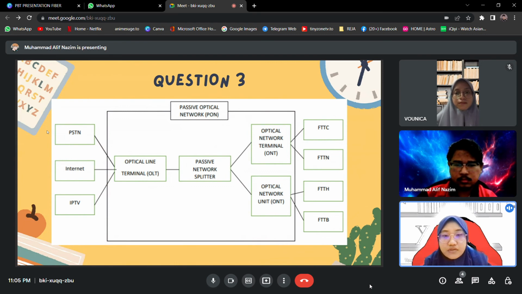Then it passes through the passive splitter and gets divided into two groups, which are optical network terminal ONT and optical network unit ONU. On the optical network terminal, we have two groups, which are FTTC, fiber to the curb, which is outside the building, and FTTN, fiber to the node.